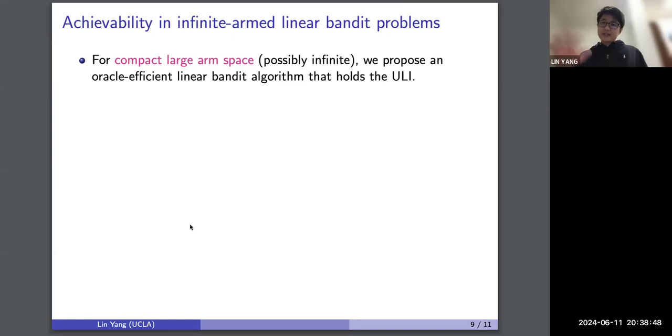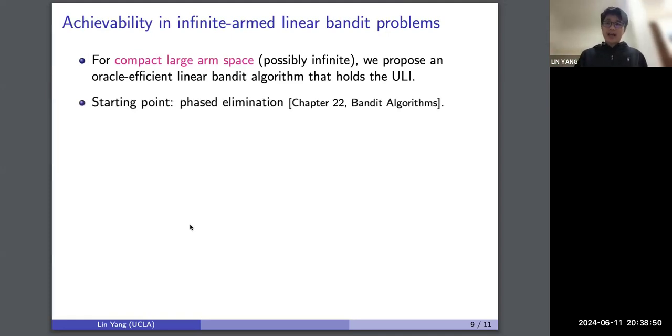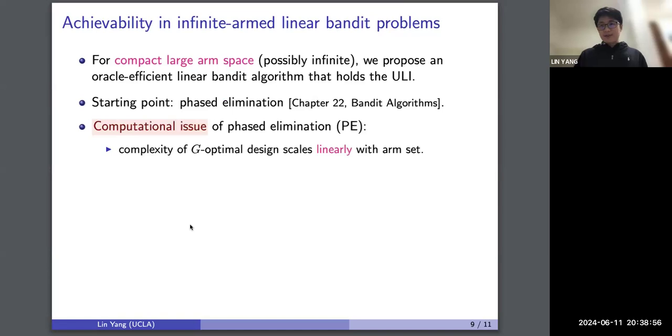In this case, we can still show that an elimination-type algorithm can achieve the URI guarantee in an optimal fashion. But of course, there are some subtle technical issues to achieve computational efficiency.